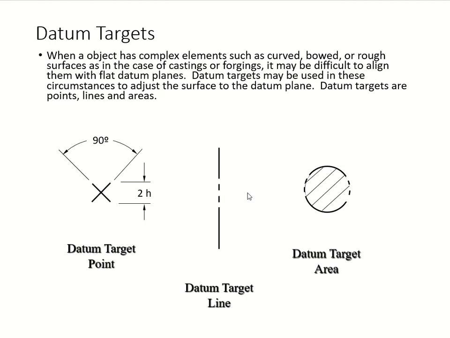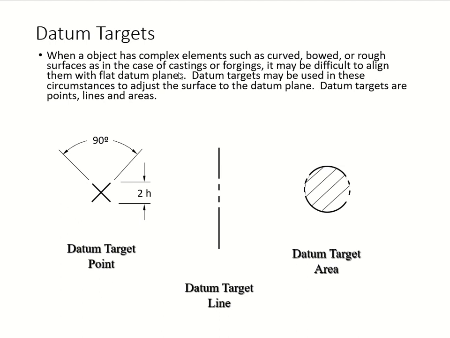Because we do a lot of manufacturing, processes like castings or forging. When you apply these processes on a part, it's sometimes difficult to align the processes with the flat datum planes.